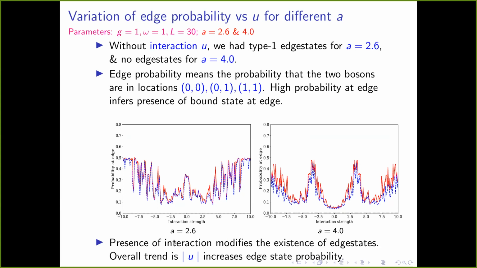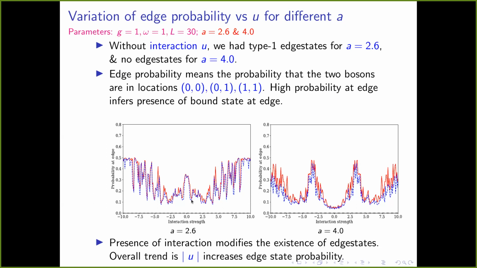So this is the result for A equals 2.6, and this is the result for A equals 4. For A equals 2.6, even without interaction, we have a high probability at the edge, which is just the result that I showed previously, that for A equals 2.6 we have type 1 edge states. So zero interaction strength means we have a non-interacting system.